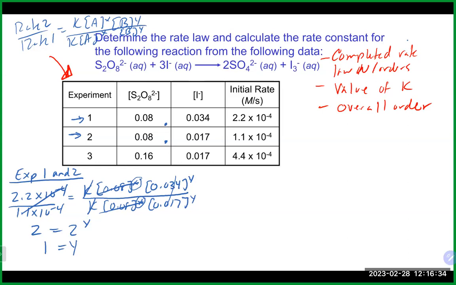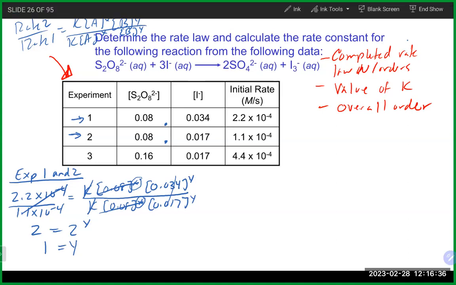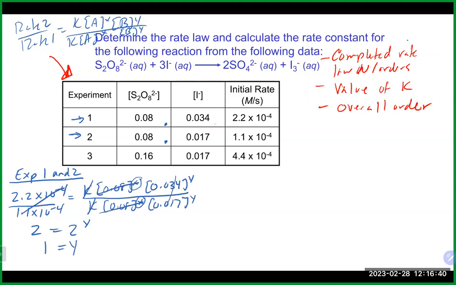We now go back to our table, and since we varied I minus the first time, we now want to keep it constant. To do that, it looks like experiments 2 and 3 will keep the concentration of I minus constant while the other one varies. Same deal: I'm going to pick the one that has the larger rate, which is experiment 3.